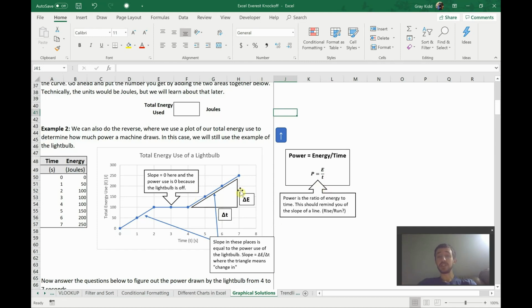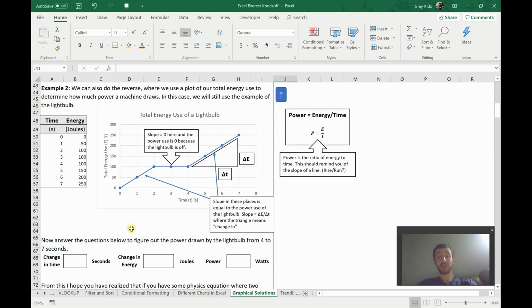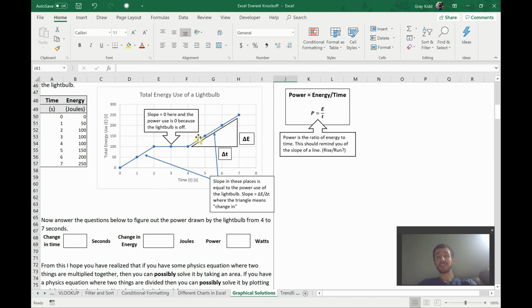Because if I look at this, you see there's a slope for these lines. And I'm just guessing here, just spitballing, and I already know that you're correct. Power would be the slope of this line. So if I look at how much the energy increased here over the time it took, what I'll find out is that if I divide those two, it'll come out to 50.